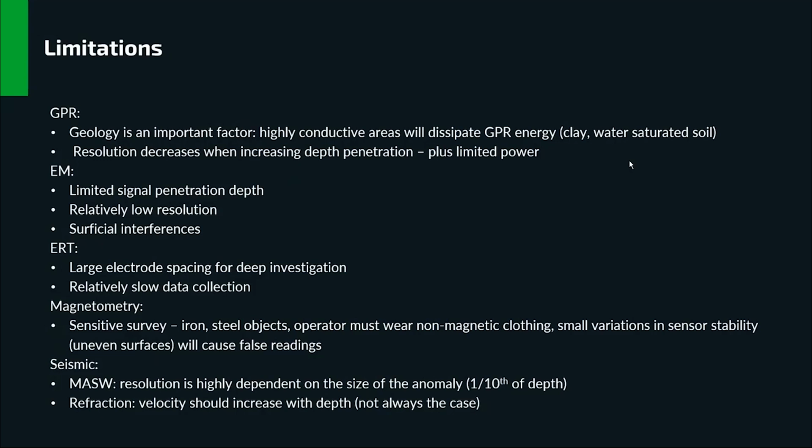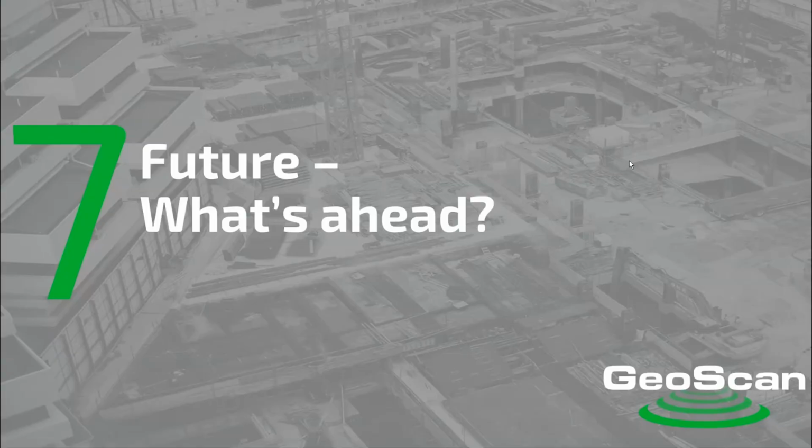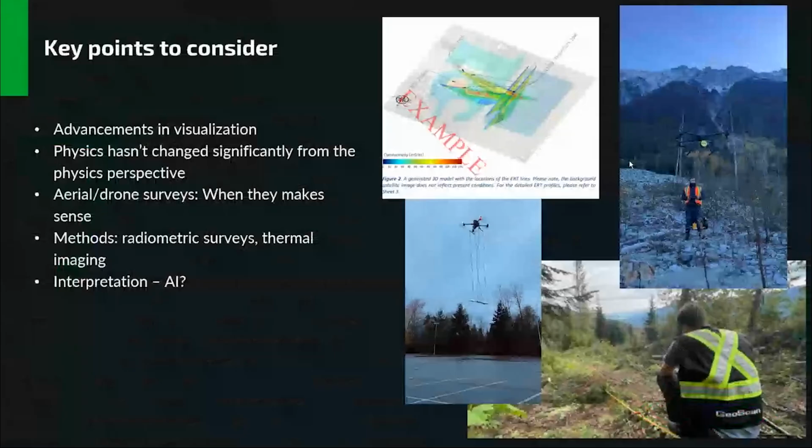So the last thing I want to mention is the future and what's ahead. I mentioned before that it's a bit gray, mostly because we don't know what's going to happen and how the surveys will improve in terms of accuracy, object identification, or even how physics will change, to be frank, because it hasn't really changed in the last, I don't know, 50, 60 years.